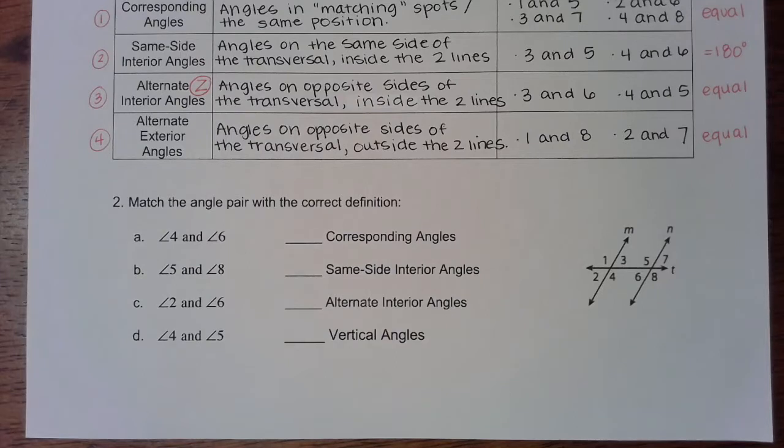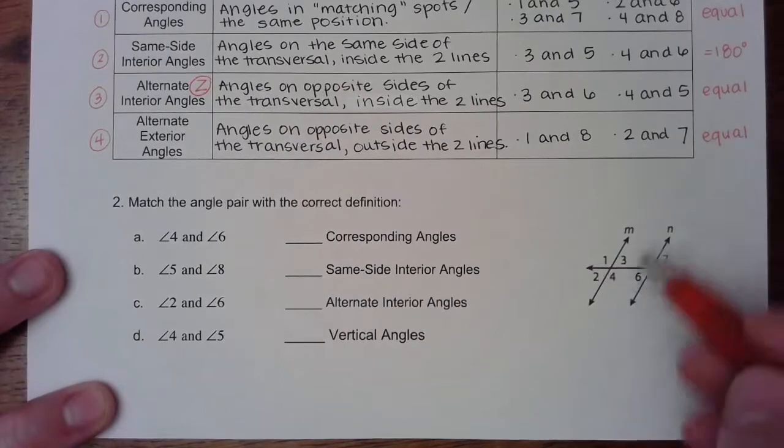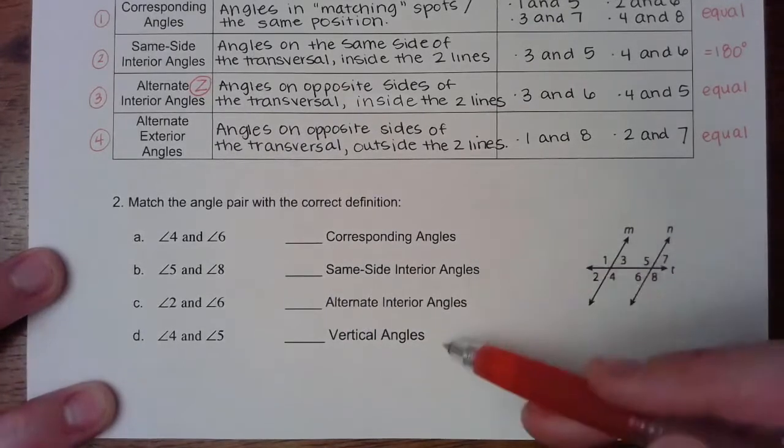It says match the angle pair with the corresponding definition based off of this picture that's given to us right here. So you can go from the pictures to the words or the words to the pictures. I'll start over here. So angle 4 and angle 6. I'm not going to circle them because this picture goes for all 4 problems.